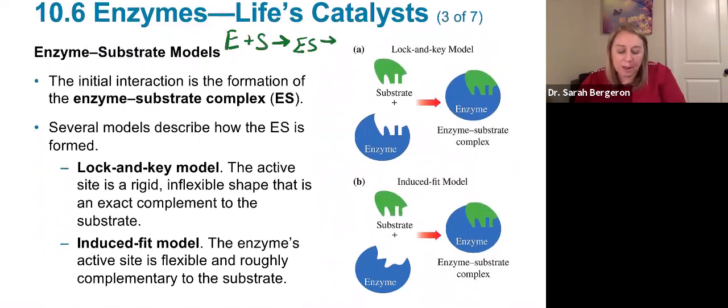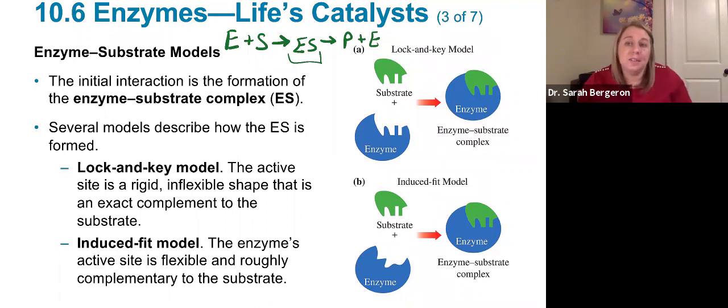And then that enzyme is going to change the substrate into the product, and you will have the enzyme left over, right? So this is kind of our reaction mechanism. And so there are a couple of different models that explain how this enzyme substrate intermediate can actually form. And so the two major ones are the lock and key model and the induced fit. And in biology, you've probably heard about the lock and key model.